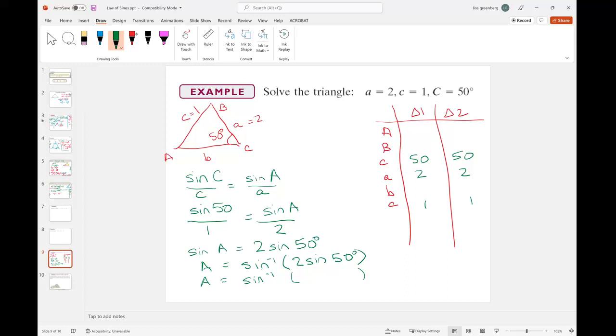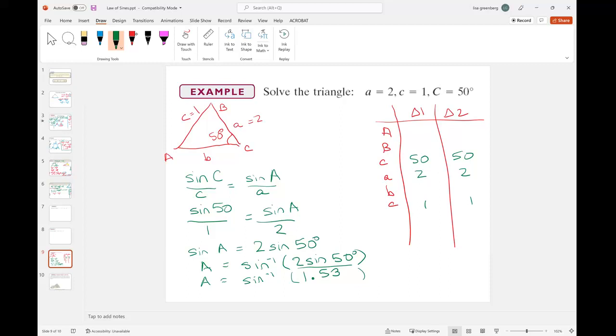So why would that happen? Well, if you just put in 2 sine of 50 degrees, I get 1.53. But really we're asking where does the sine of A equal 1.53?